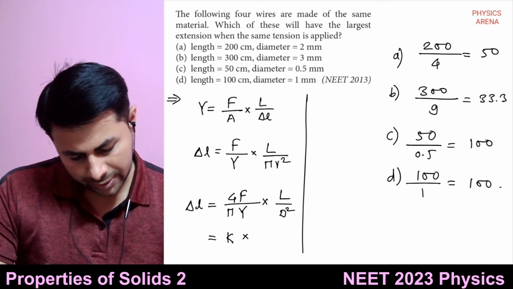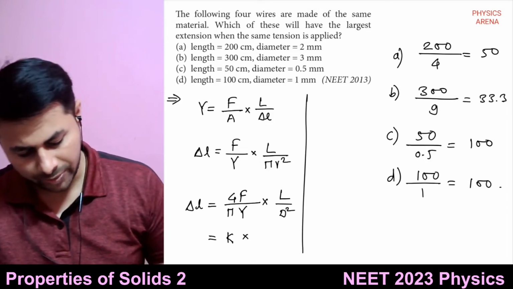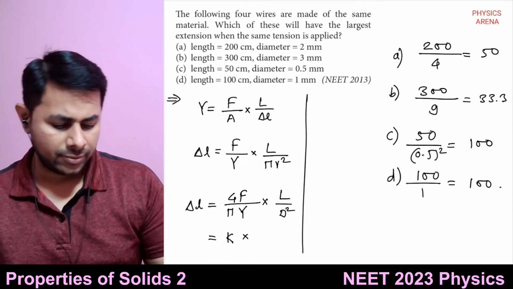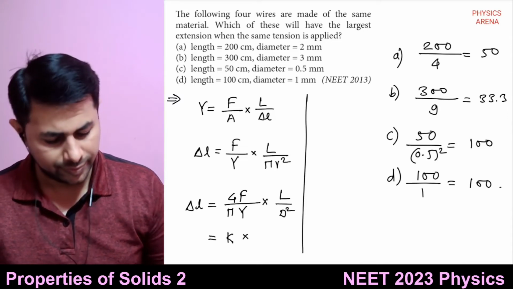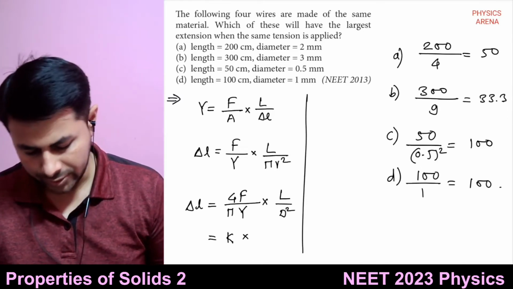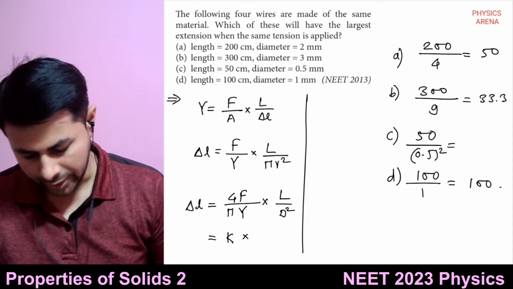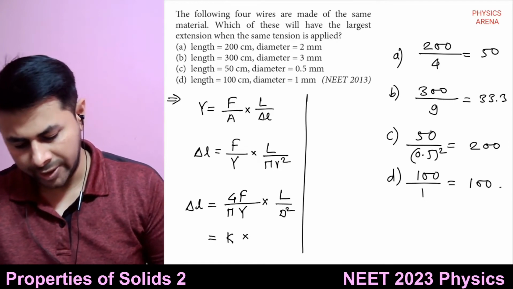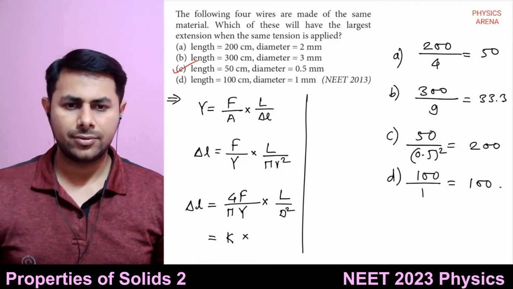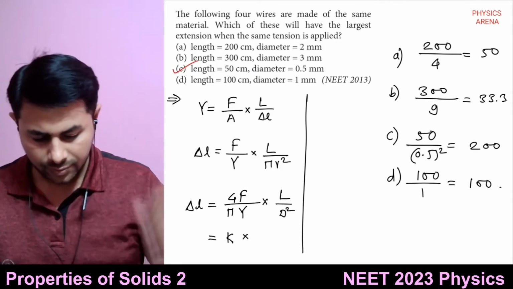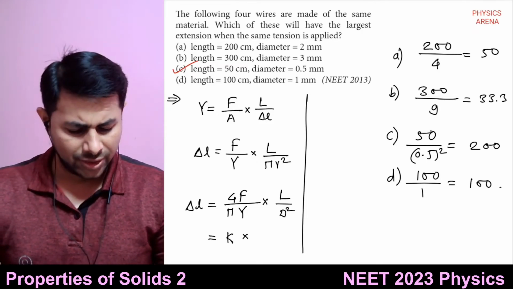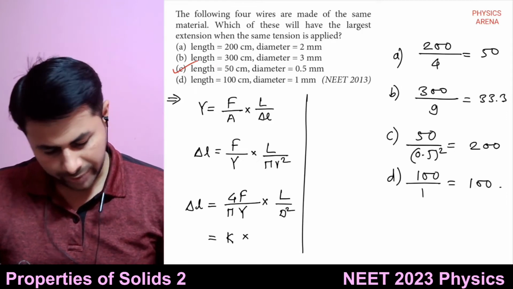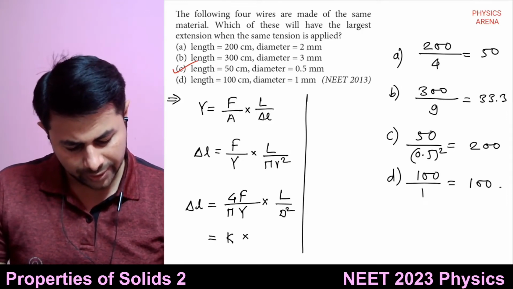Option D and, no, it's 0.5 square in option C. So it is 0.25, right? So this will be 200. So option C would be the answer, right? So if my calculation is correct, I think it is correct. 0.5 square is 0.25, right?